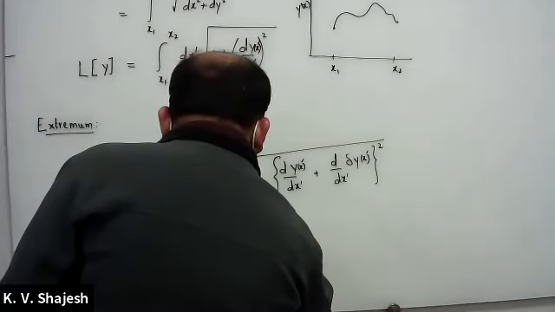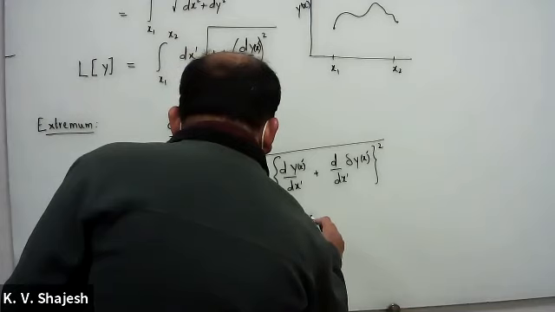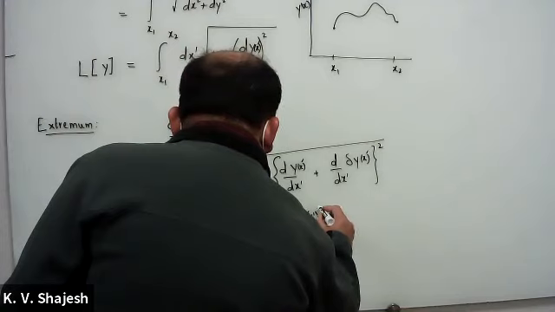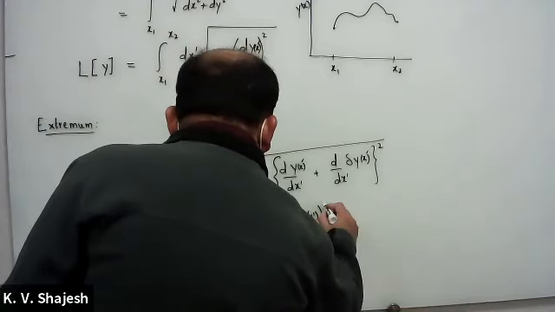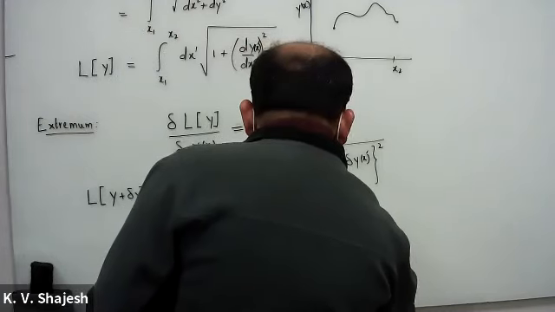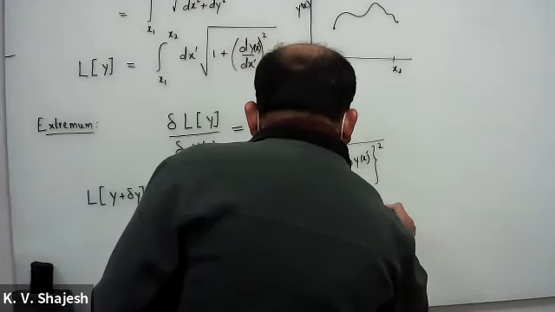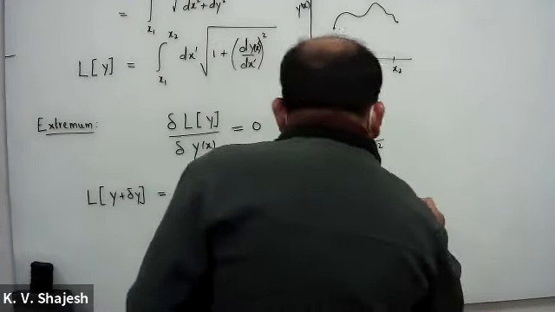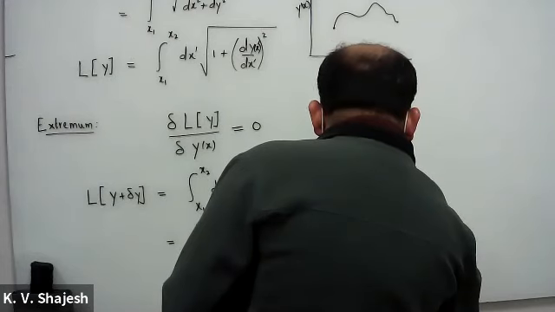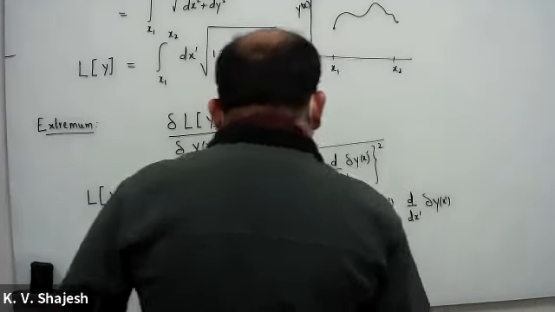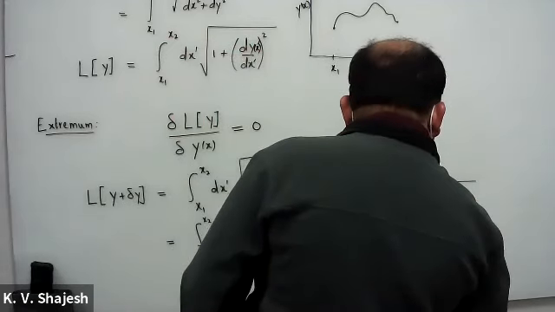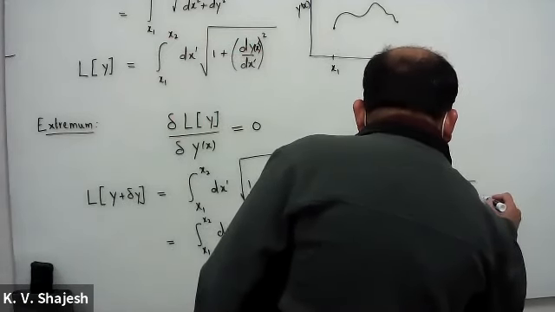Or let me do this in two steps. y prime plus 2 times d by dx prime, plus, let me say, order delta squared.